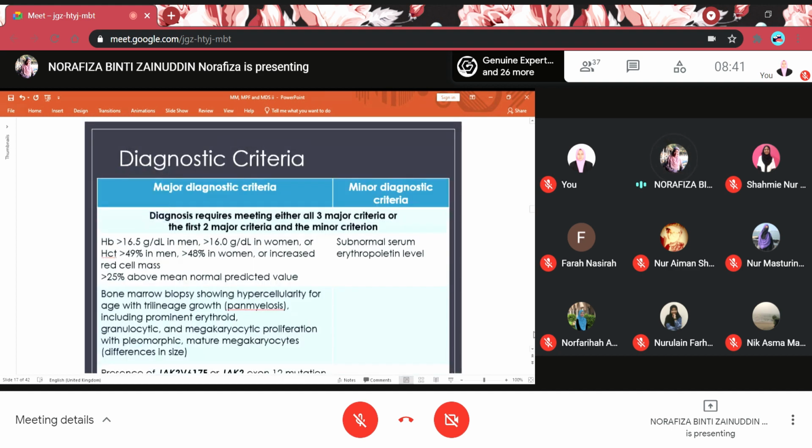Okay, this is the diagnostic criteria of PV. Diagnosis requires meeting either all three major criteria or the first two major criteria and also the minor criterion. Okay, ada satu je minor criteria kat sini.